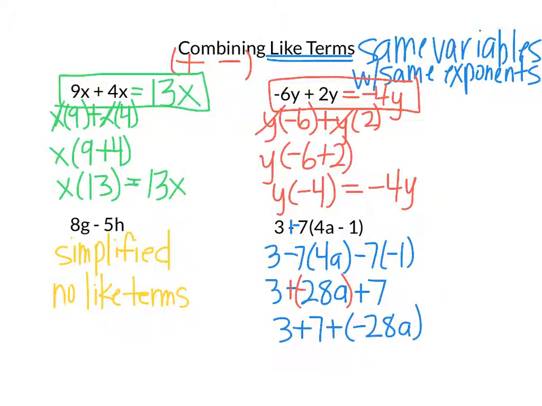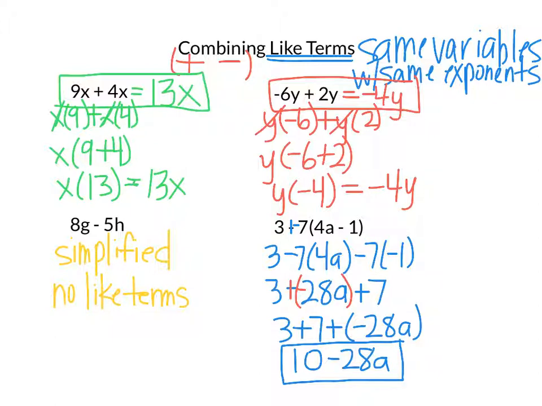And now I combine the like terms, which is 3 plus 7. Because they have the exact same variables with the exact same exponents, which is no variables or no exponents. So 10 plus negative 28a, or normally we just turn it back into 10 minus 28a. It would also be correct to write this as negative 28a plus 10.